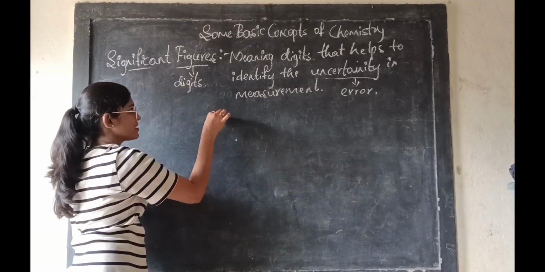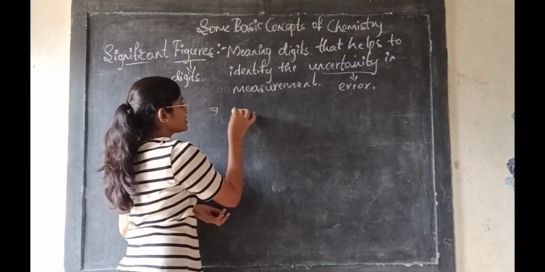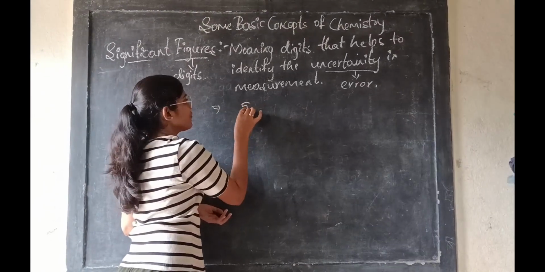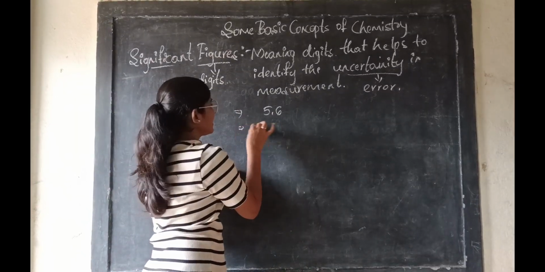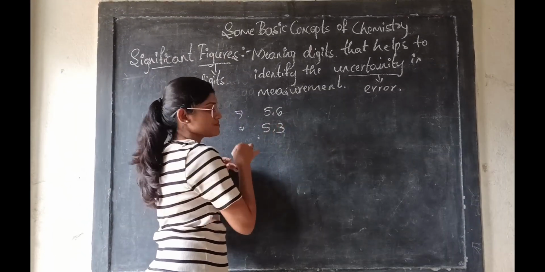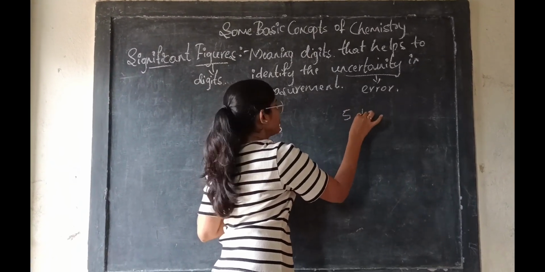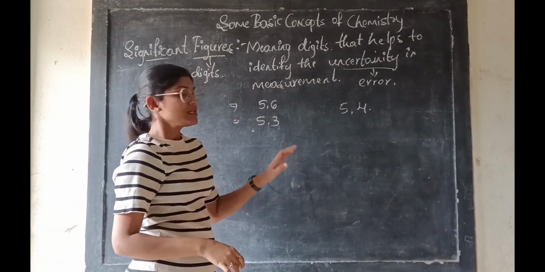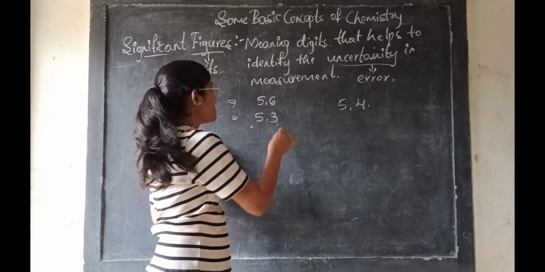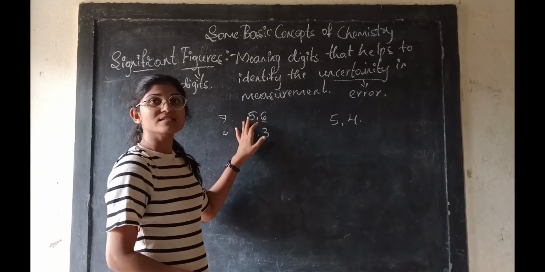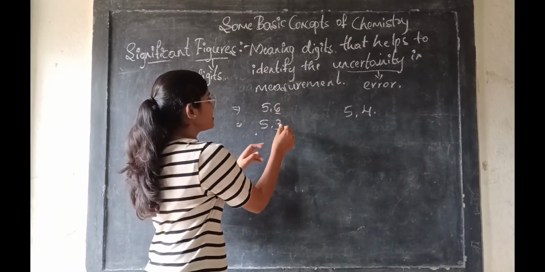For example, while doing any experiment, we may get some value like 5.6. One person may get 5.6, another may get 5.3, but the exact theoretical value will be 5.4. Here the 5 is constant, and the only different numbers are 6, 3, 4.